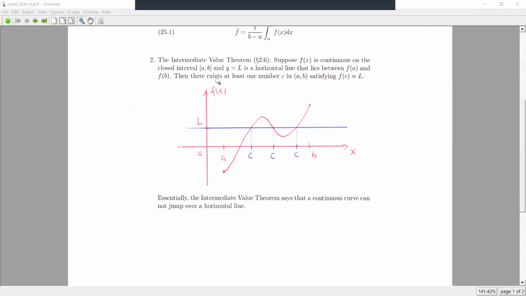There exists at least one point C in the open interval AB.